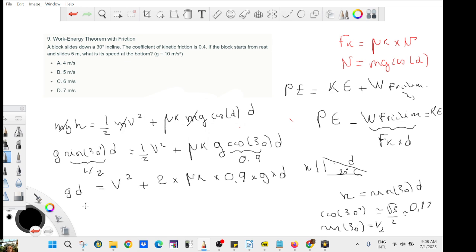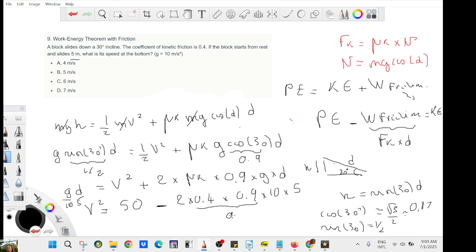Okay, so we have v squared. So d is 5 meters, right? So this is 5, and this is 10. So it's going to be 50 minus, we have a 2, we have a 0.4, we have a 0.9, we have a 10, and we have a 5.